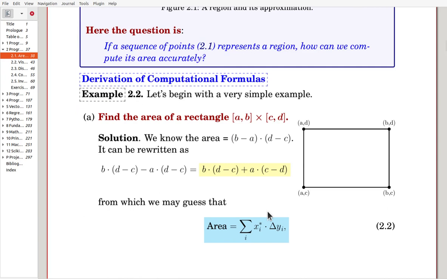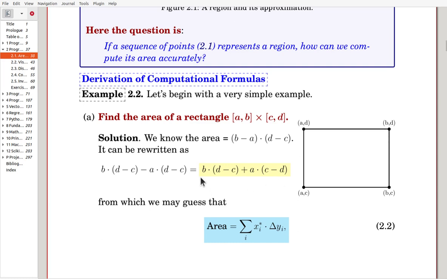Now, to derive the computational formula for the area computation, let's begin with a very simple example. Find the area of a rectangle, with x from a to b and y from c to d. Then these four points. We know the area is the horizontal distance times the vertical distance, and this quantity can be written in this form: (b minus a) times (d minus c), and we rewrite it this way.